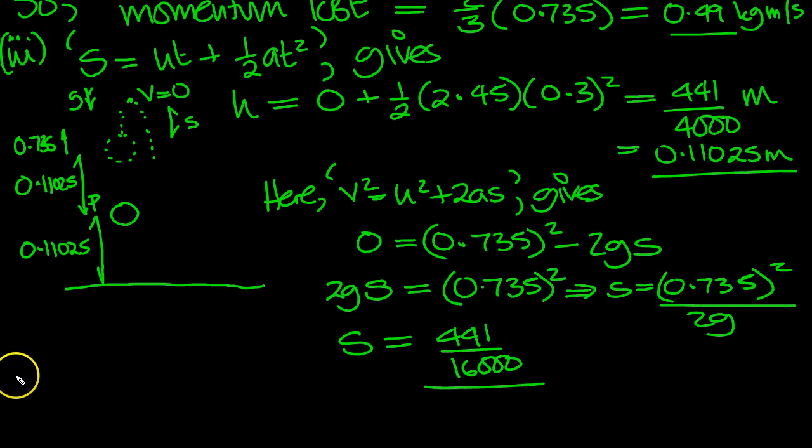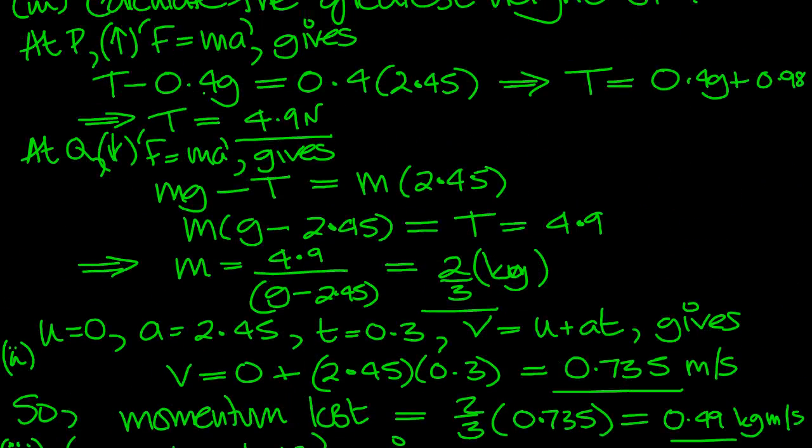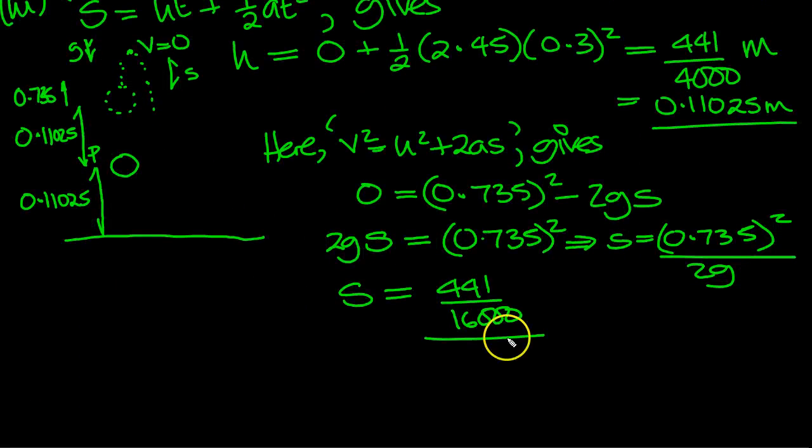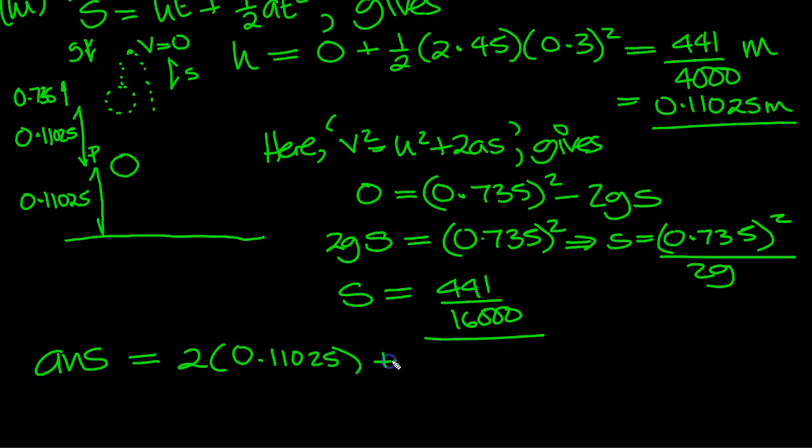So answer then, total. So what did we want in part 3? Greatest height of P above the ground. So the answer will equal 2 times this, 0.11025, plus this height that it rises up, 441 over 16,000.